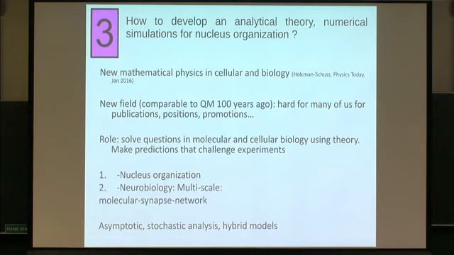One is how the nucleus of a cell is organized. And second is neurobiology, which is a huge field. As you know, there are two big initiatives, one from the United States, the other from Europe, where at the top level it was clear that billions have to be injected if we want to understand the problem of aging and neurodegenerative disease.